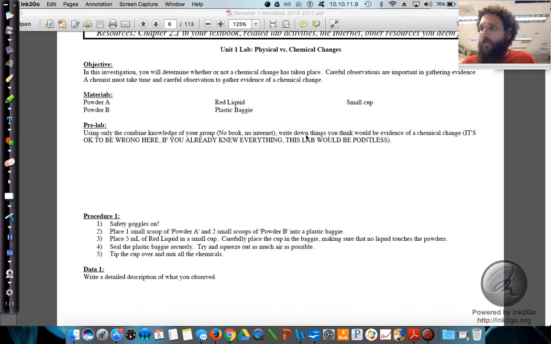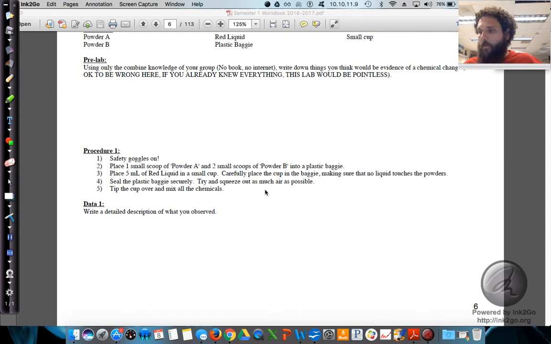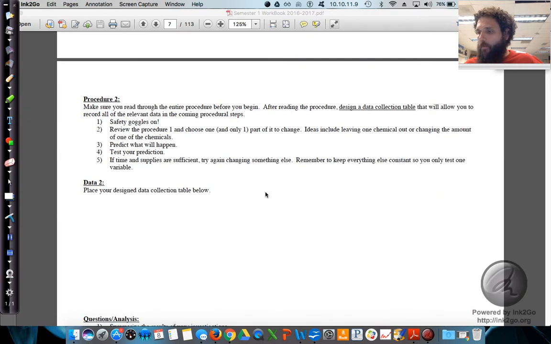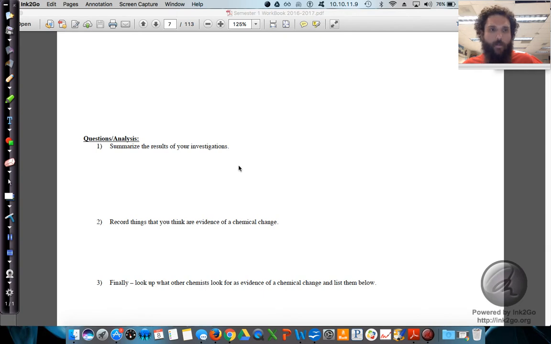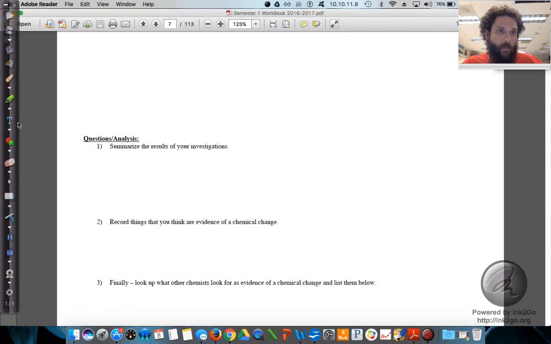So we did this lab, and when you did this lab, you should have observed three very important things. Let's get a text box here.